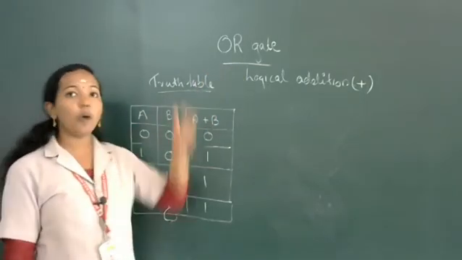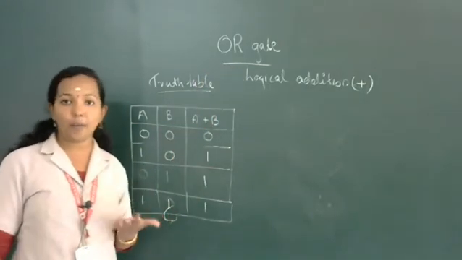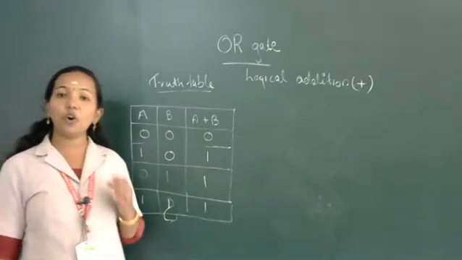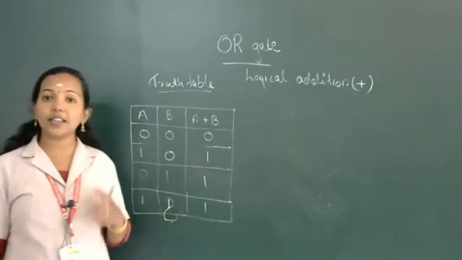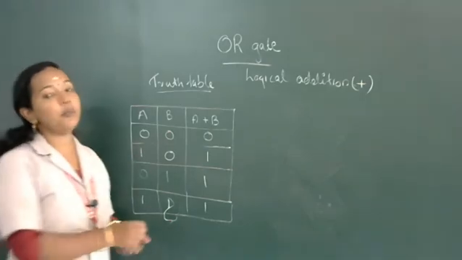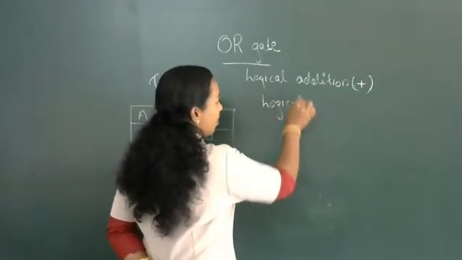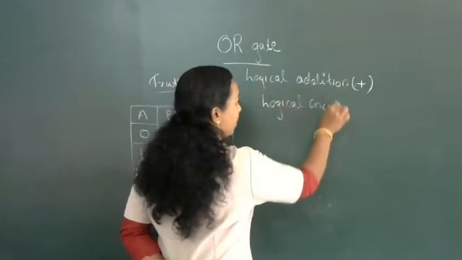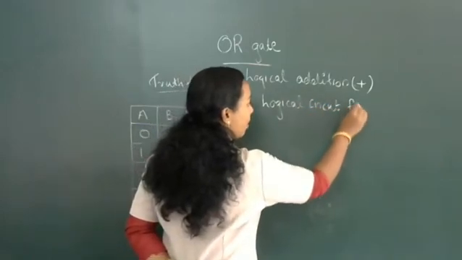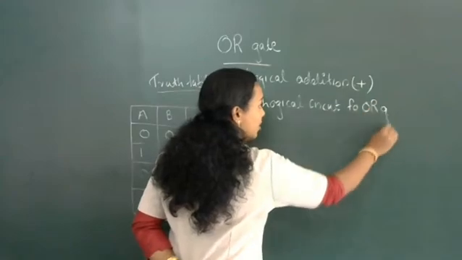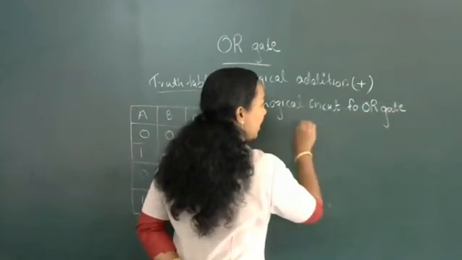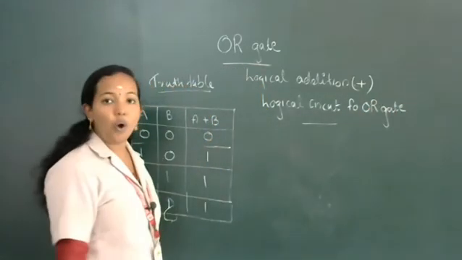Our first operation was the logical OR operation, so we require a logic gate or logical circuit. Next I am going to draw the logical circuit for the OR gate.